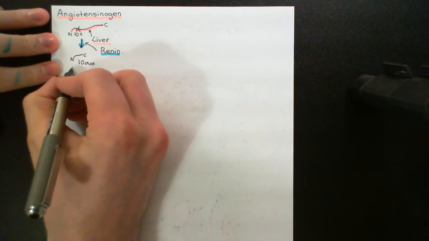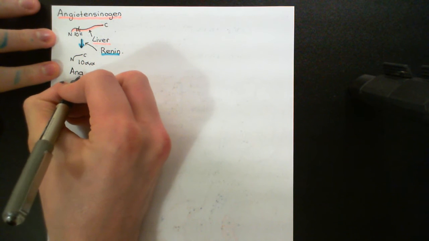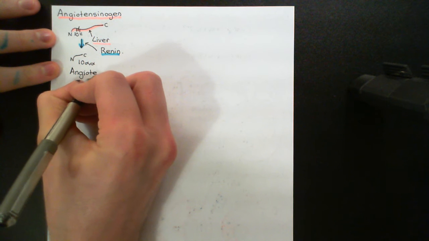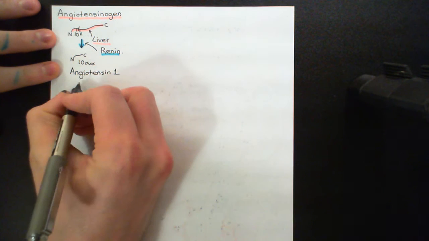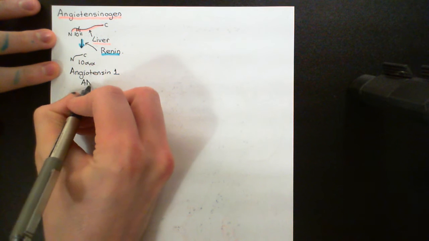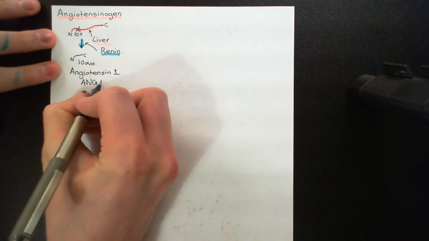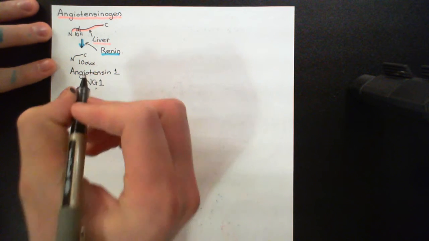And this 10 amino acid little fragment here is now known as angiotensin 1. And for short, angiotensin 1 is often abbreviated down to Ang for angiotensin, and then you just put 1 after it like so.